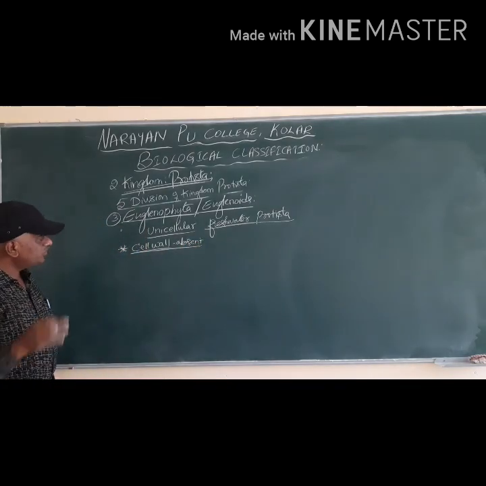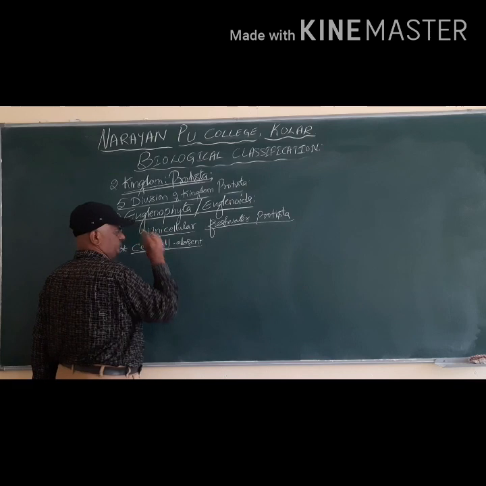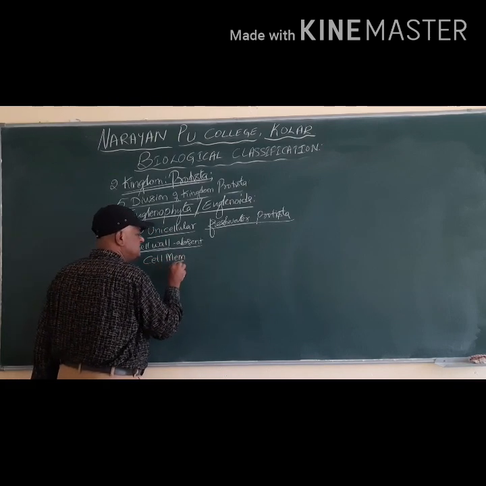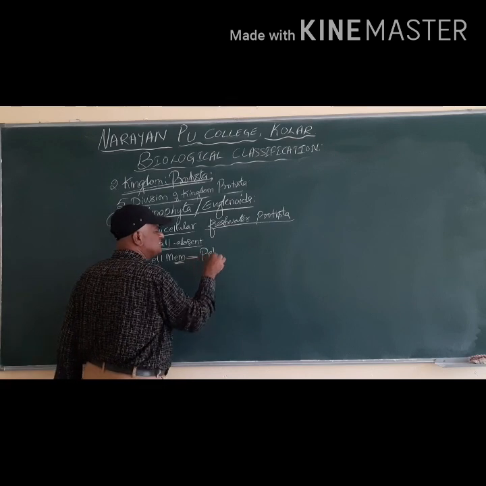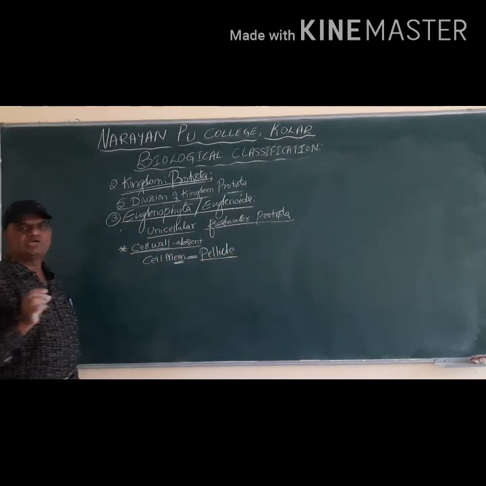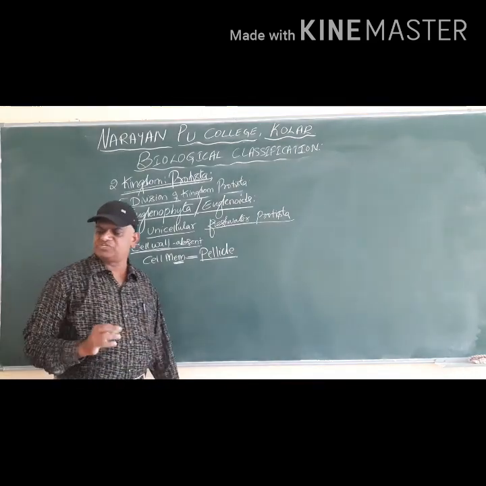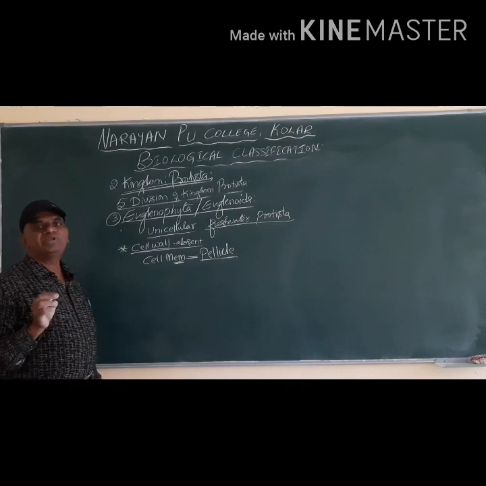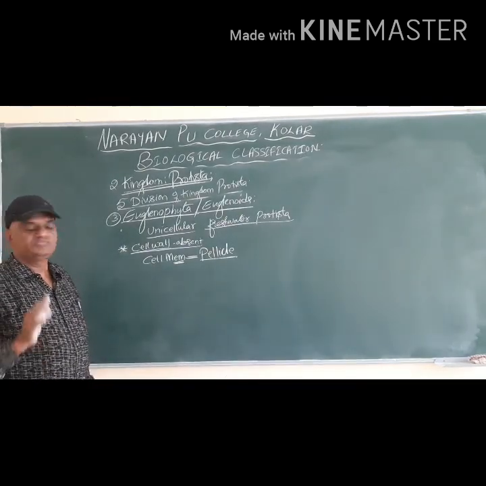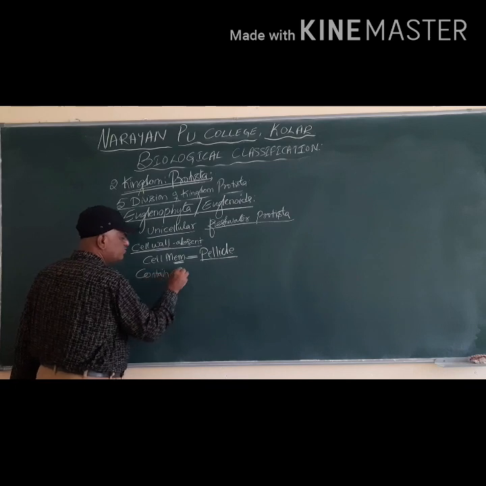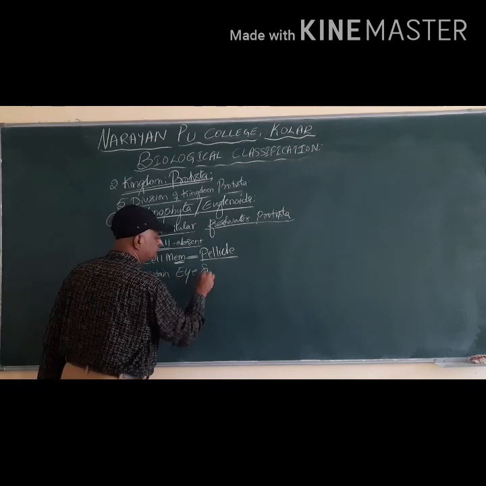Here, the outermost layer of the cell is the cell membrane, and this cell membrane is called the pellicle. We never use the word cell wall here; instead there is a cell membrane, called the pellicle, and it contains an eye spot.